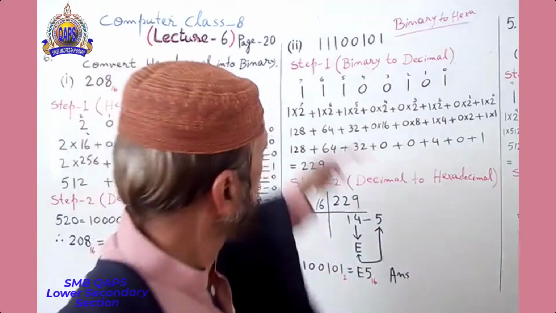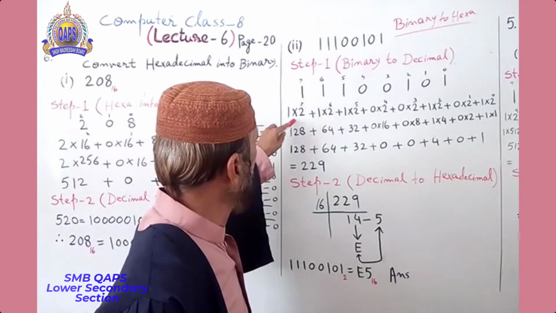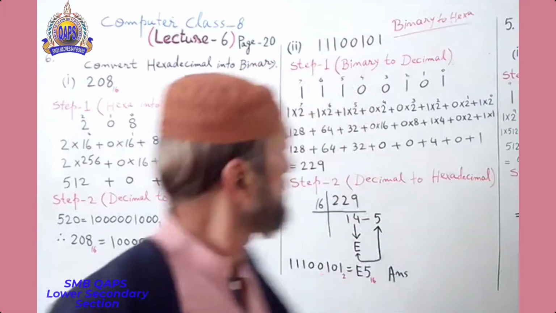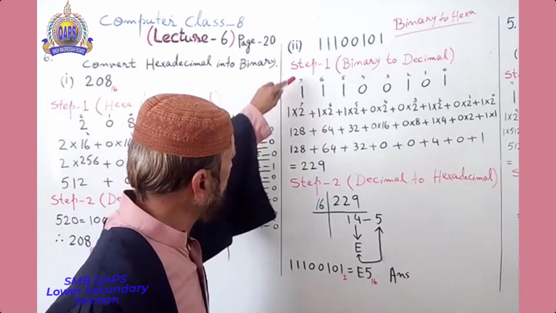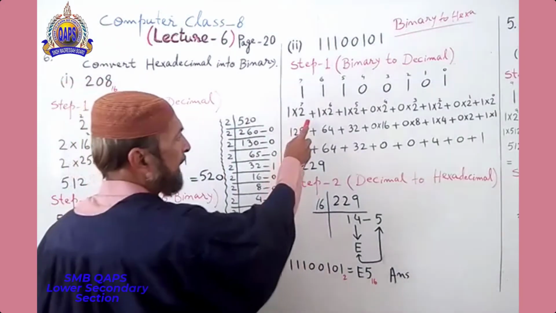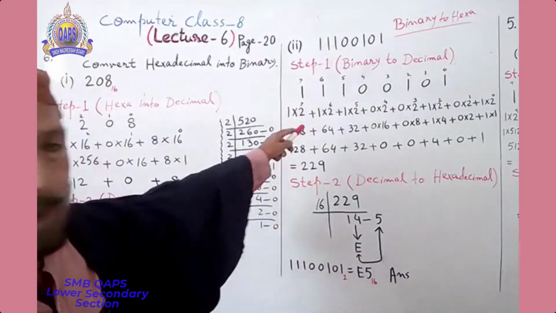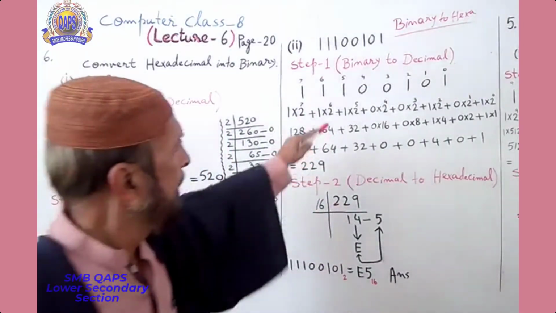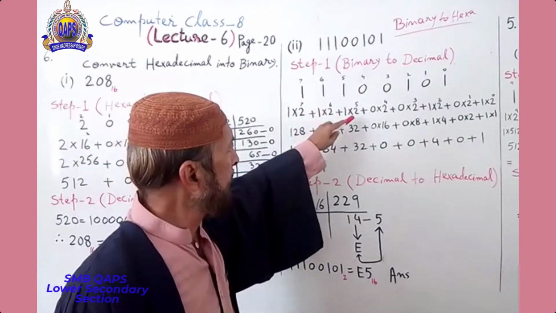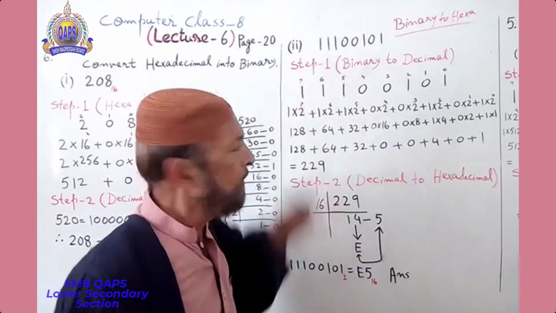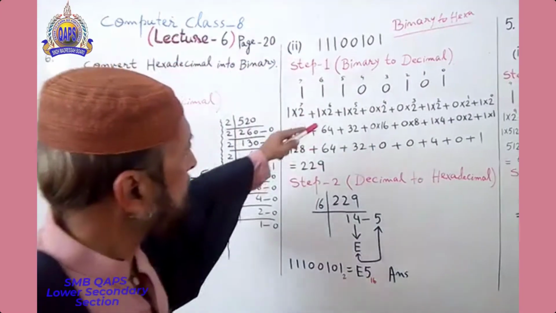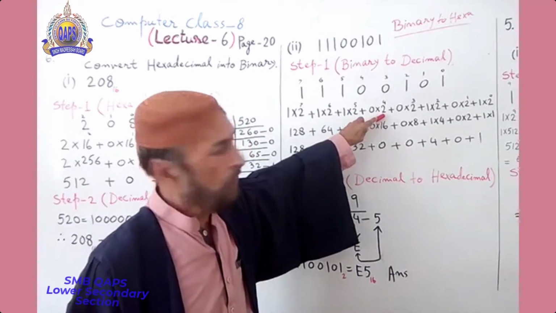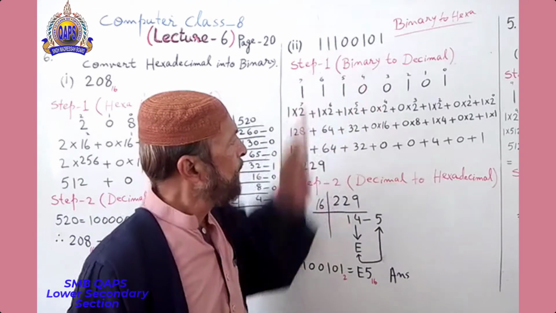Start your calculation. 1 multiplied by 2, because the base of binary is 2, raised to the power 7, plus 1 multiplied by 2 raised to the power 6, plus 1 multiplied by 2 raised to the power 5. Understand that? Plus 0 multiplied by 2 raised to the power 4.